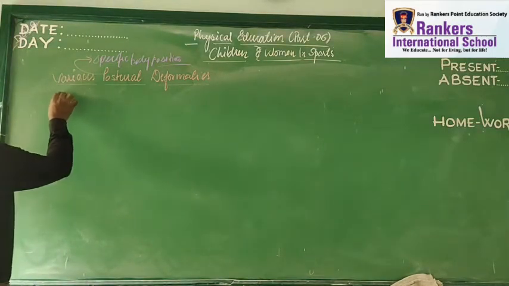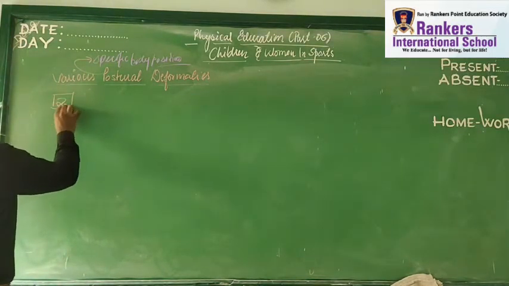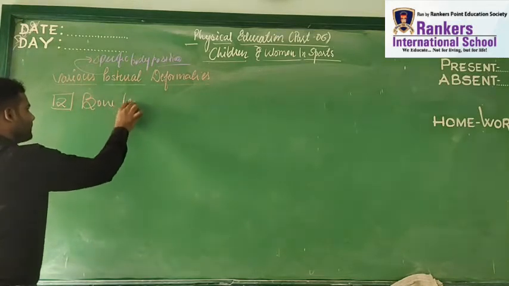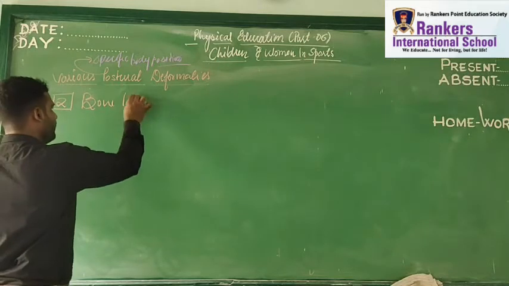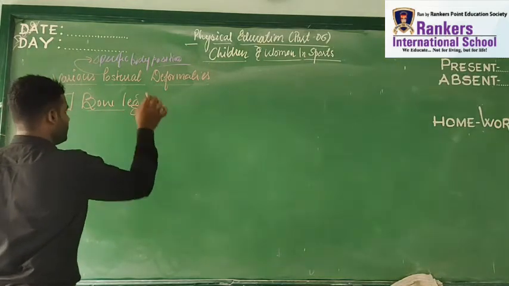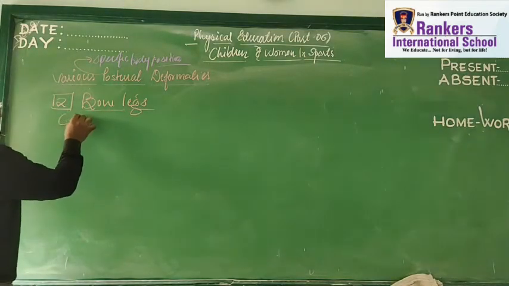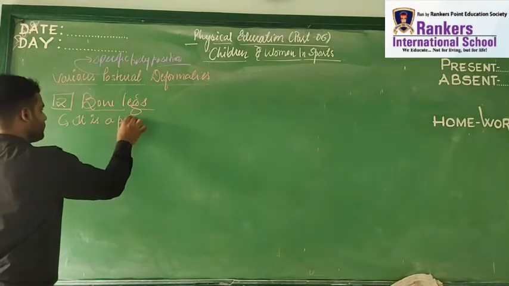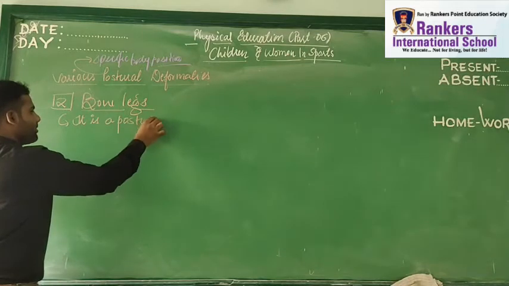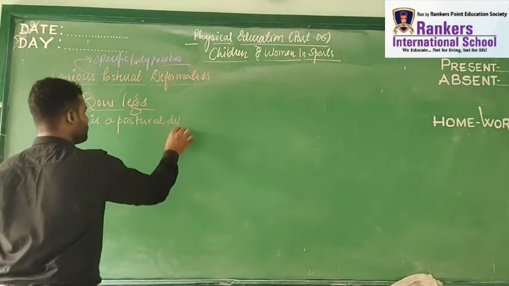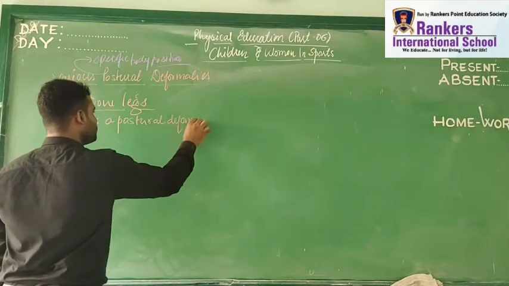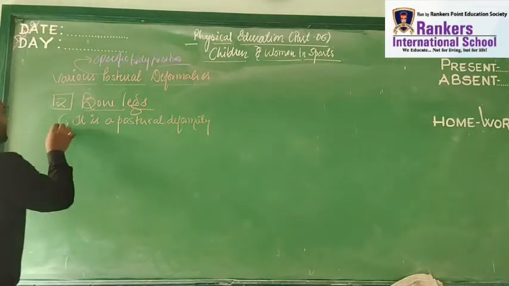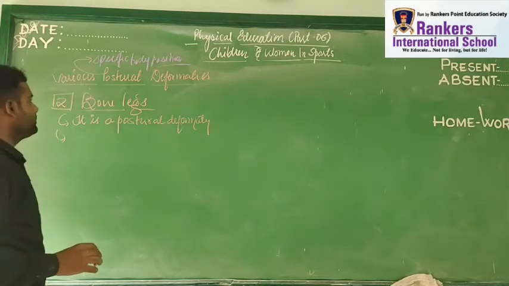Okay? So this is our second topic, and the name is bow legs. Right? Bow legs is a situation. Again, it's a posture. It is a postural deformity. In this deformity, see now what is bow leg?